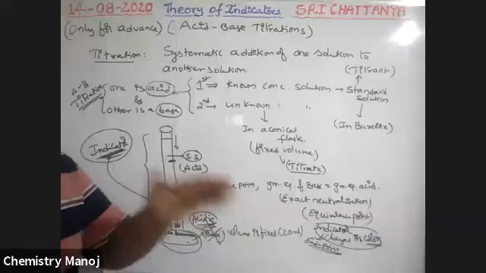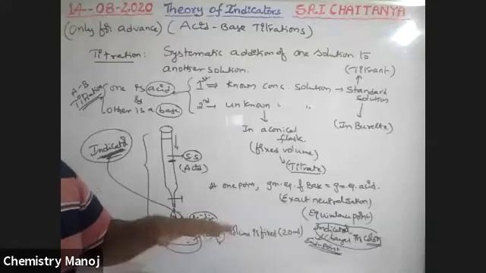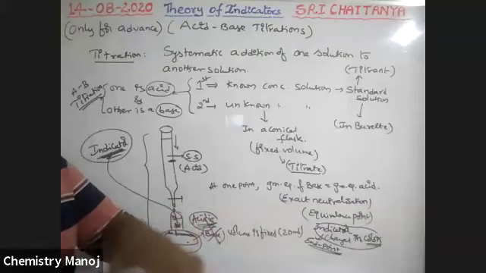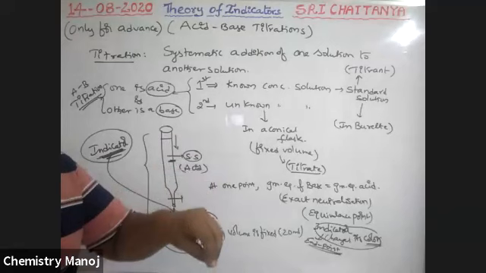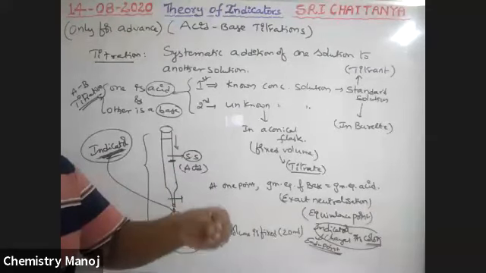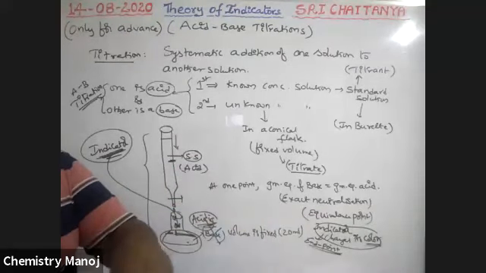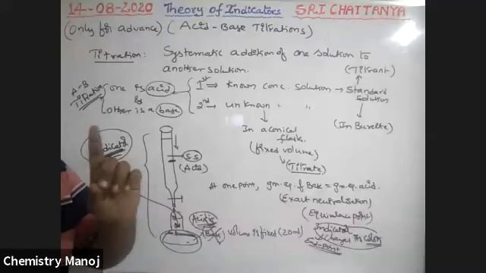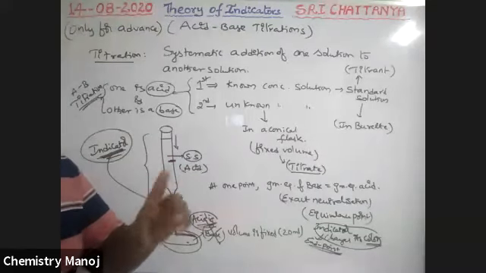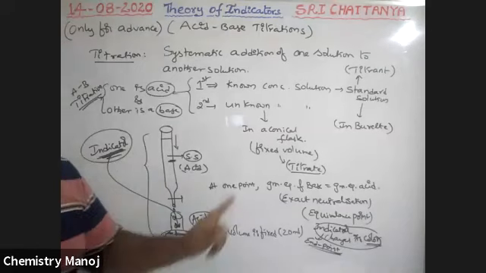That means before that drop, the equivalence point was reached. That additional drop converts the acidic nature into basic nature or basic nature into acidic nature. So that last drop, that color change, that additional one drop is nothing but the end point.